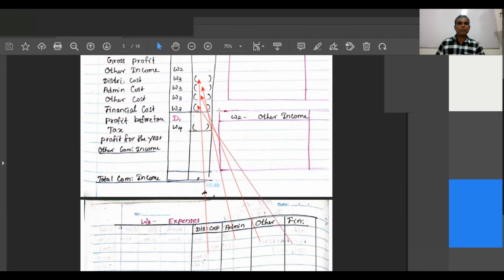If I record all these values, then find out the profit before tax. Then you can take out the tax value. Out of the profit before tax, 1/5 is the tax. You are getting a value of tax.